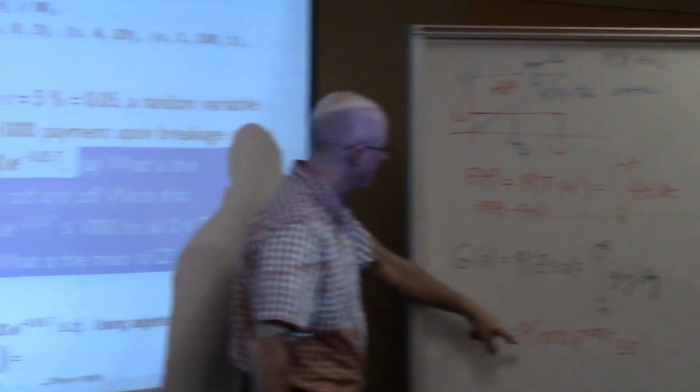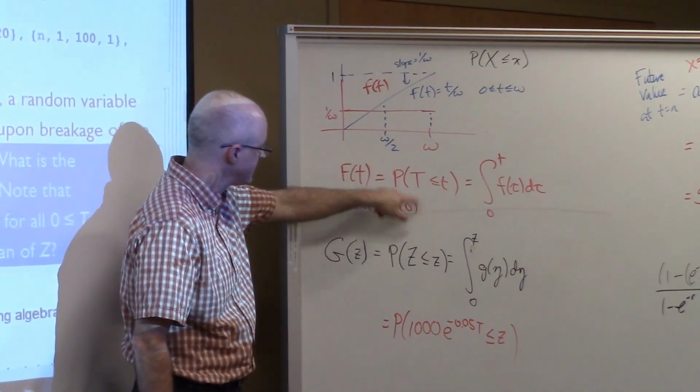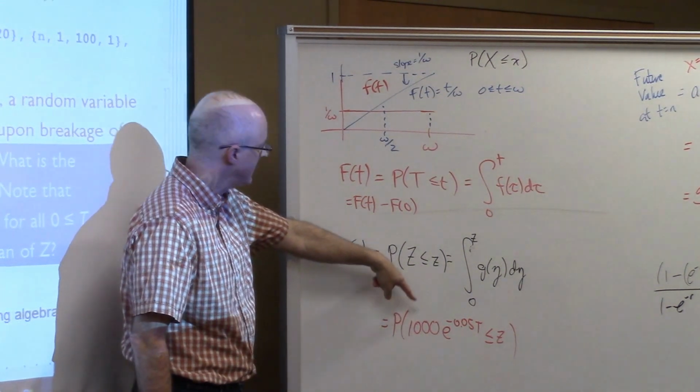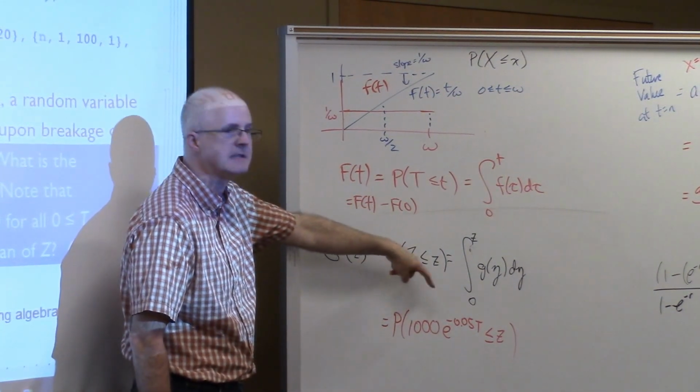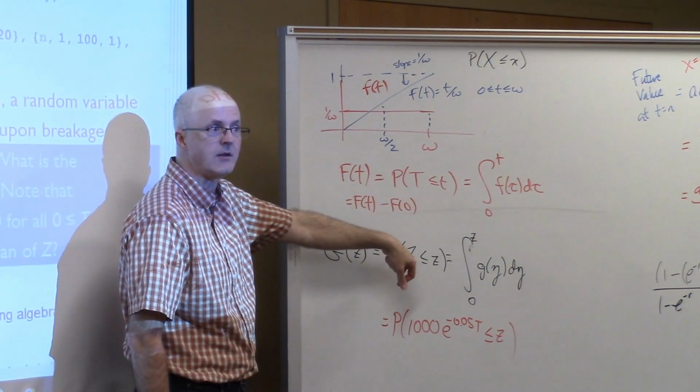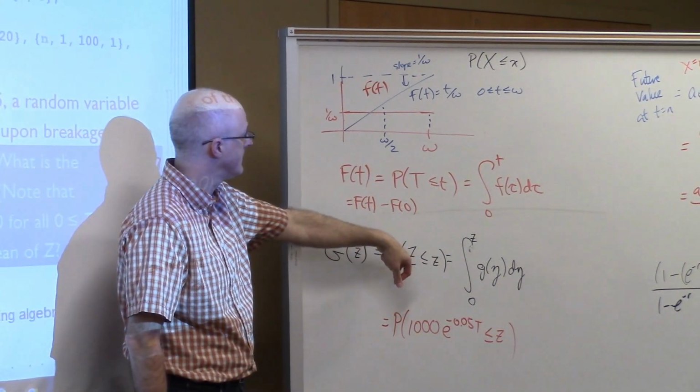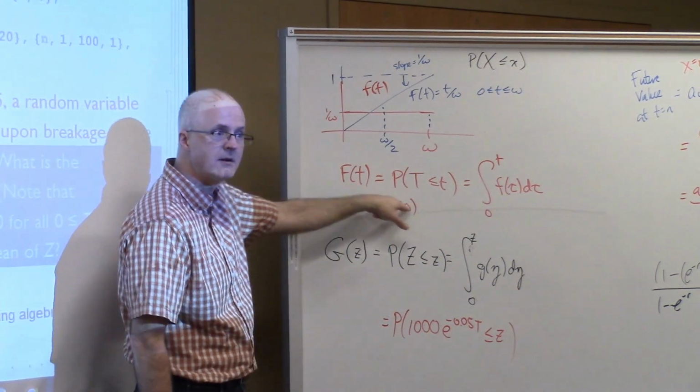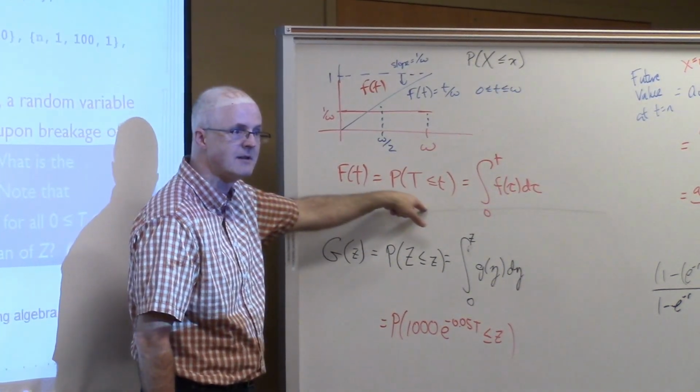Through some algebra, I can relate it to this because I got a capital T. Essentially what you want to do inside the parentheses here is try to solve for capital T. Solve the inequality for capital T. And relate it to what you see up here. That's how we're going to do it.